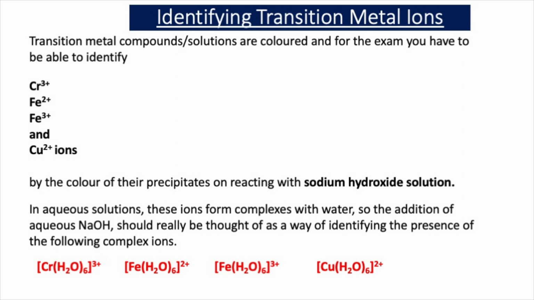In aqueous solutions, these ions form complexes with water, so the addition of aqueous NaOH should really be thought of as a way of identifying the presence of the following complex ions: [Cr(H2O)6]3+, [Fe(H2O)6]2+, [Fe(H2O)6]3+, and [Cu(H2O)6]2+.